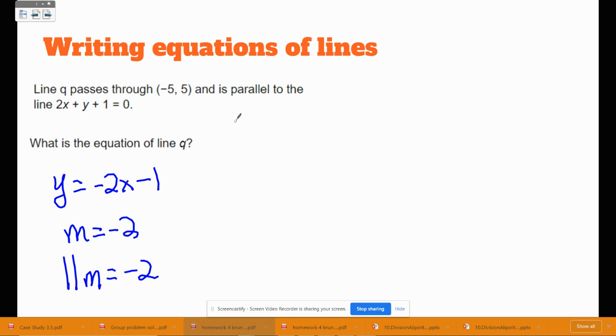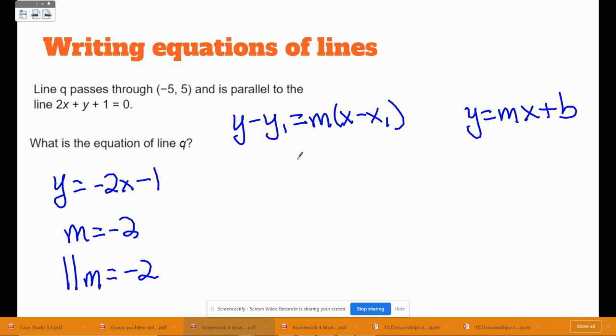So now you'll do the same thing again. y minus y1 equals m, x minus x1, or y equals mx plus b. You'll go one of those two routes. If you went this route, y minus 5, the slope is negative 2 because it's the same as the other, x plus 5, and you could clean it up from there.